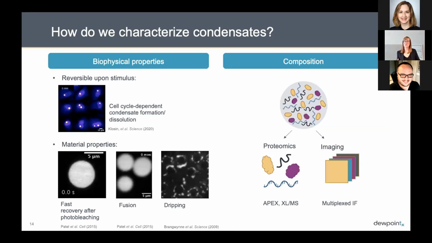We can characterize them by determining their biophysical properties and also their composition. Regarding physical properties, we can test their reversibility upon stimuli. For example, in this case, we can see these condensates dissolve when the cell undergoes mitosis, and then they form again in the daughter cells.